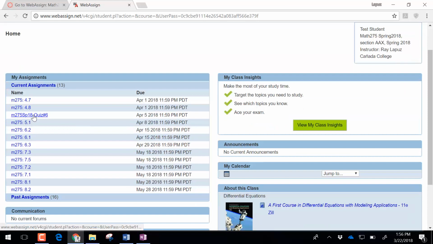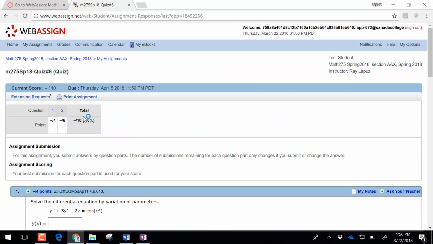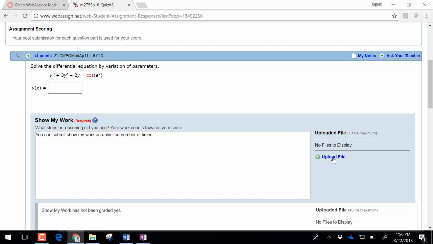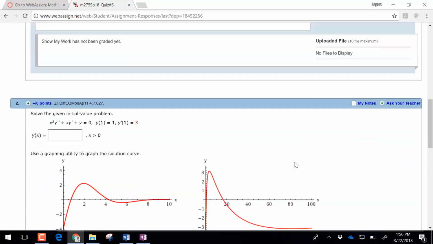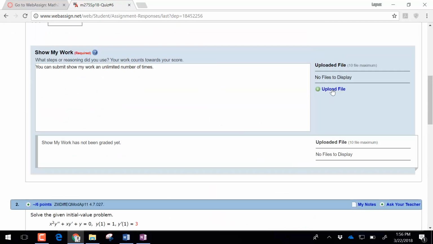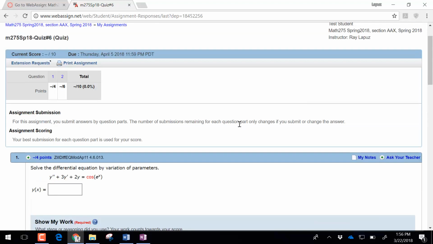Here we go. For this one, there's only 2 problems, but the whole idea is for you to actually do your problem on a piece of paper and show your work. So after you do it, you need to upload a file to submit so we can see the work that's included. Upload file button over here. I said either take a picture of it and save it as a JPEG or scan it or save it as a PDF. So JPEGs or PDFs, yeah.